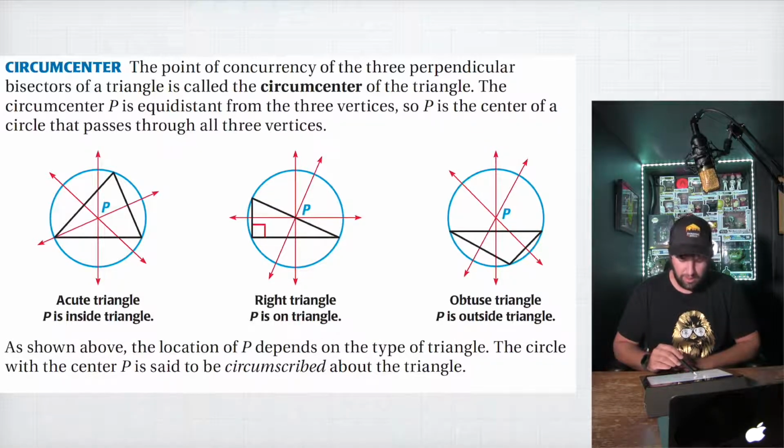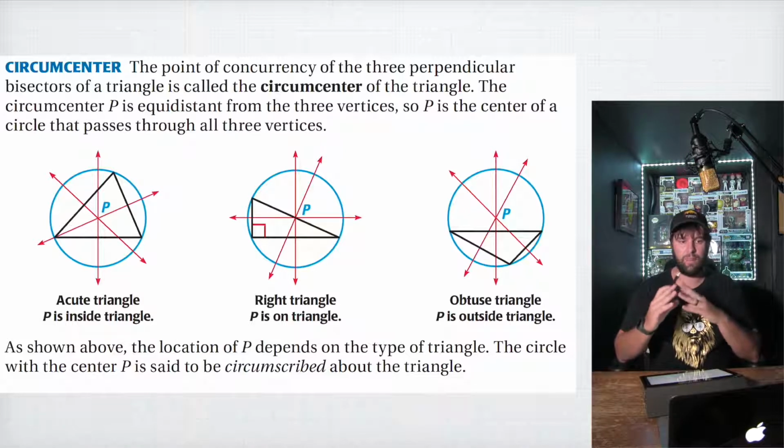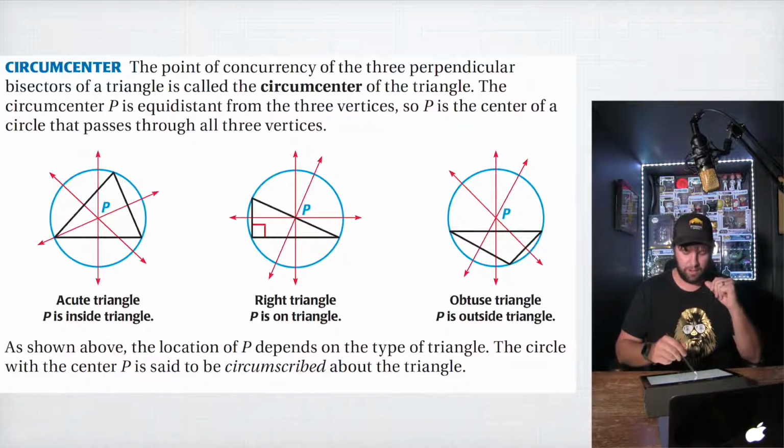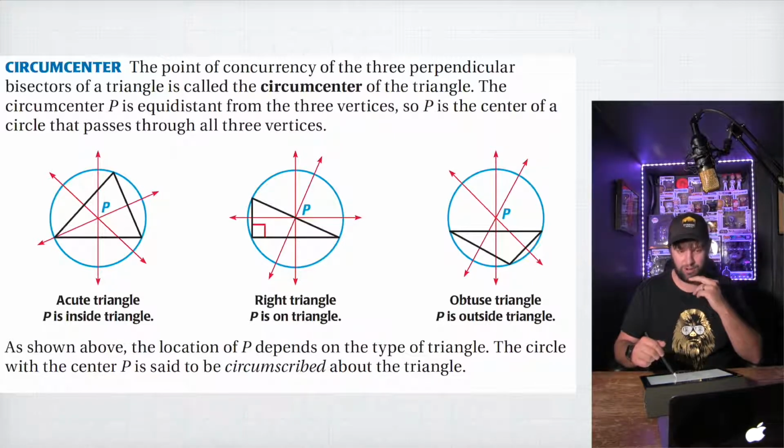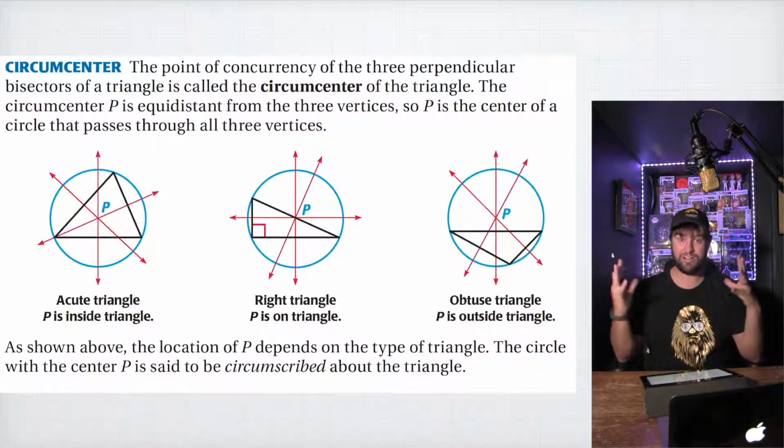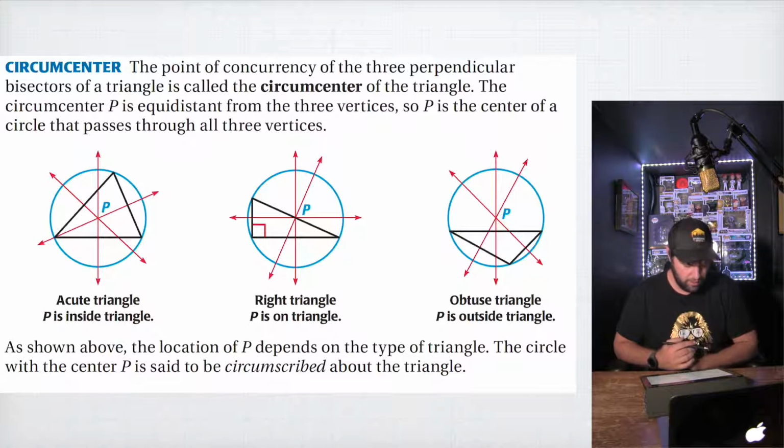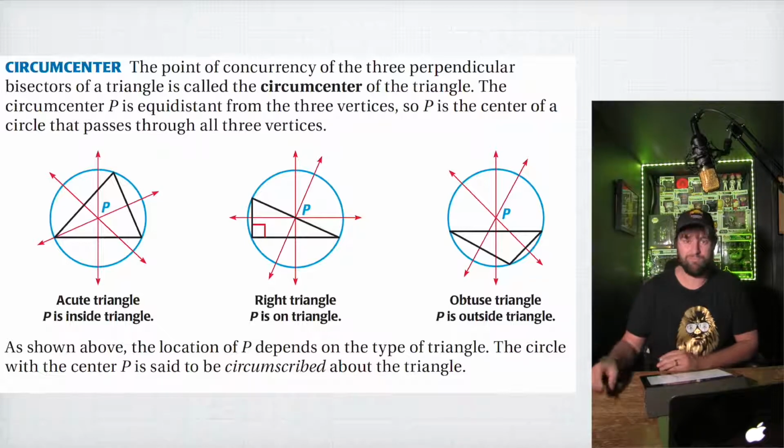If you draw an obtuse triangle, P is on the outside of the triangle. As shown above, the location of P depends on the type of triangle. The circle with the center P is said to be circumscribed about the triangle.